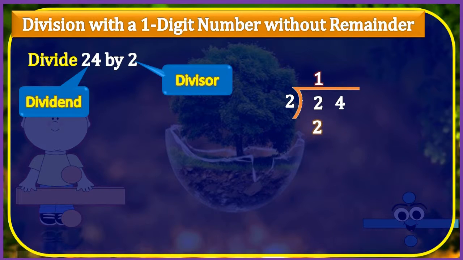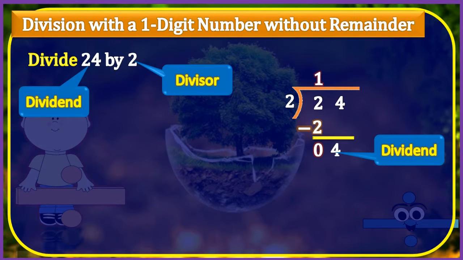Now on subtracting, the remainder is 0, but we still have 4 to divide. So write number 4 at the unit place, that is after the number 0. Now we have a new dividend, that is 4.